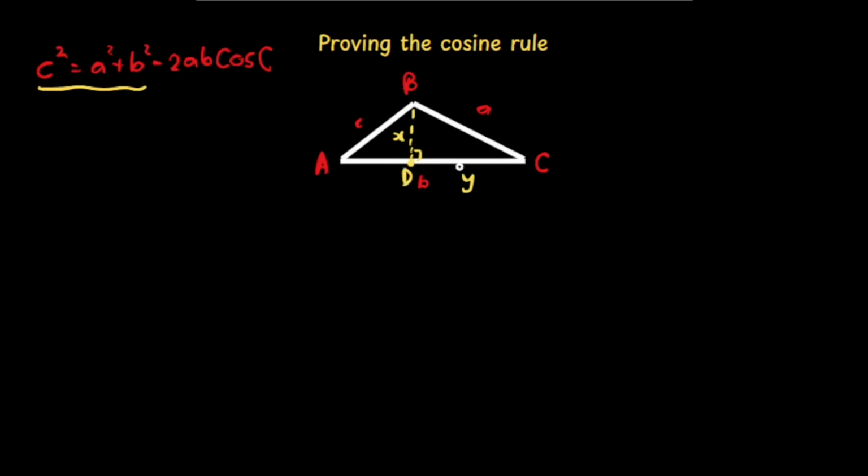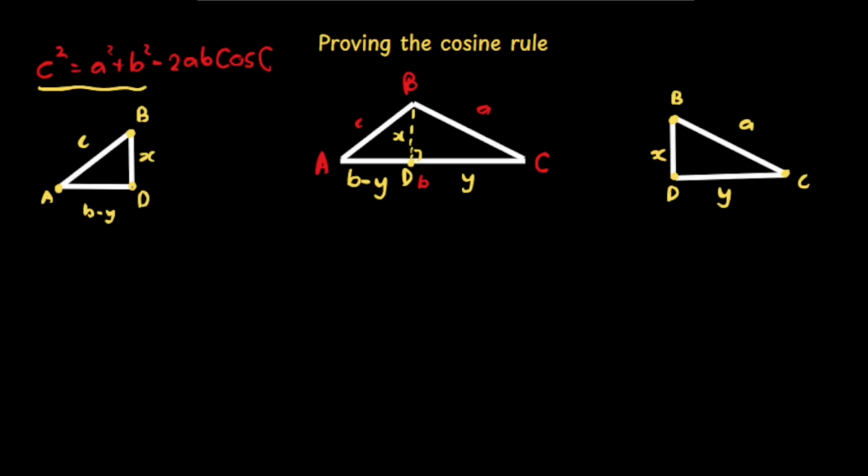Now, if y is the distance from D to C, naturally, the distance from A to D should be b minus y, because the entire length A to C is in fact b. Now that I have all my variables and all my data inputted, I can now work with this triangle. So what I'm going to do is, instead of working with one big triangle, I'm going to work with each of the right angle triangles individually.